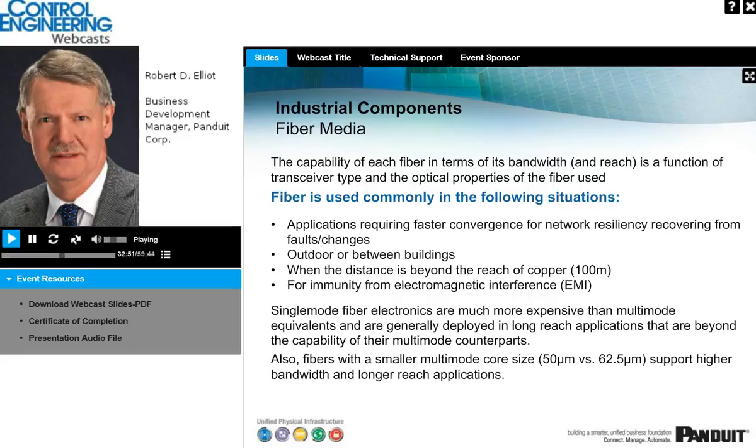So we've talked about optical fibers. We want to see some of the applications in which fiber is used. Outdoor or between buildings, long distances, EMI. Generally speaking, we would say the single mode is more expensive when used with the transceivers than a multimode equivalent.